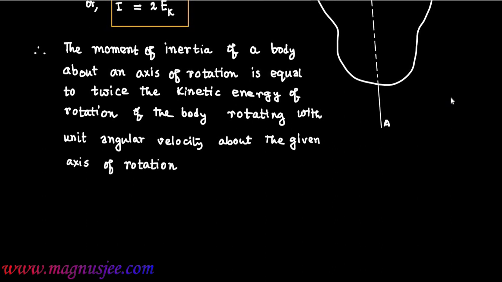The moment of inertia of a body about an axis of rotation is equal to twice the kinetic energy of rotation of the body rotating with the unit angular velocity about the same given axis of rotation.